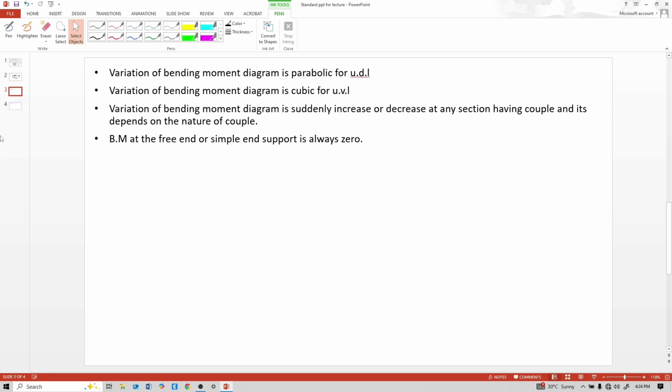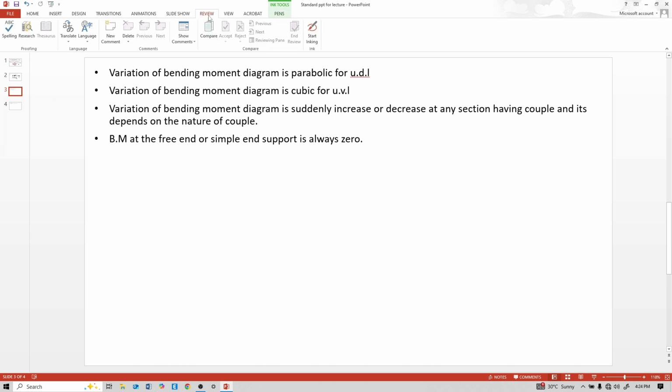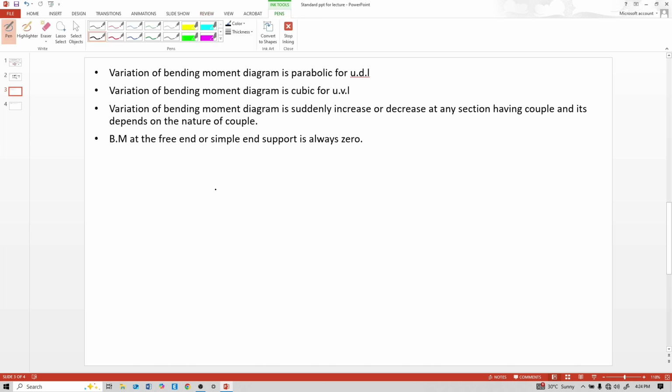Next is, variation of bending moment diagram is parabolic for UDL. Now we will draw the bending moment diagram.